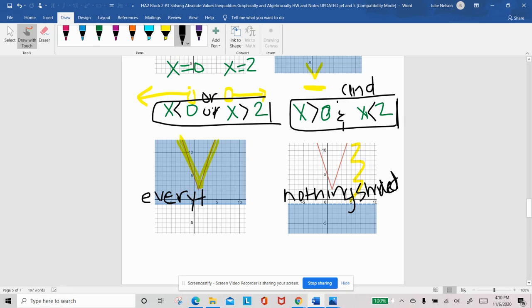So I want you to think, how would you describe something as everything is colored, everything is shaded, versus how would you describe it if nothing is shaded? Okay, well, when everything is shaded, we call that all real numbers. Or sometimes we call that infinitely many solutions.